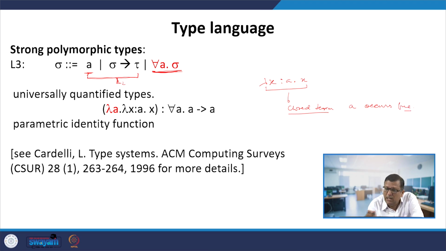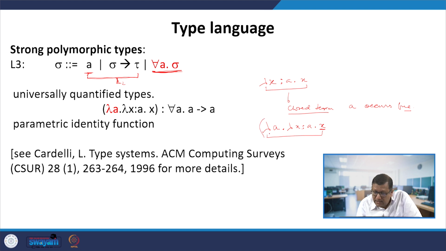So, we will try to make it a closed term. The idea would be that we say lambda A will be the parameter, and we write as before. This is called the parametric identity function. Now it is a closed lambda term. There are no free variables. So, this is the body of this term.